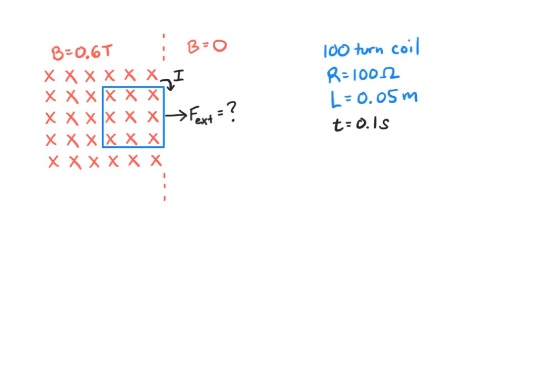But the other sides are inside the magnetic field, so we have to think about what directions the forces will be on them. At the top, current is flowing to the right, so if we use one of our other right-hand rules where we point our fingers in the direction of the moving charges or the current, and then we turn our fingers in the direction of the magnetic field into the page or into the screen, our thumb points up. And so the top section of this coil will be pulled upwards.